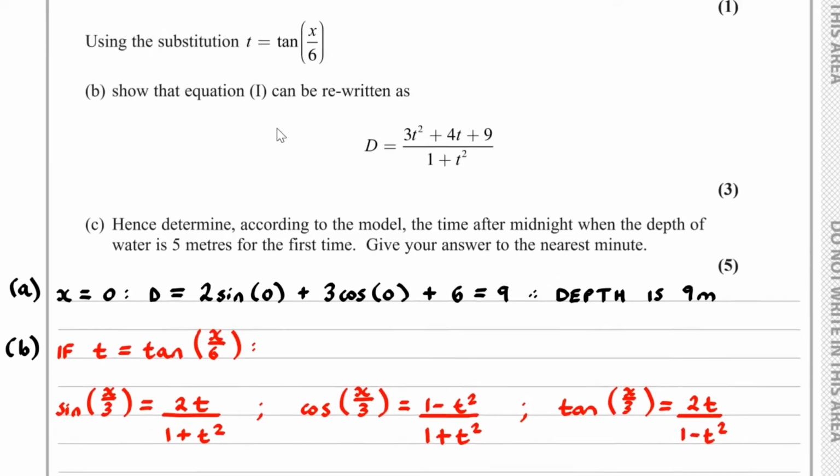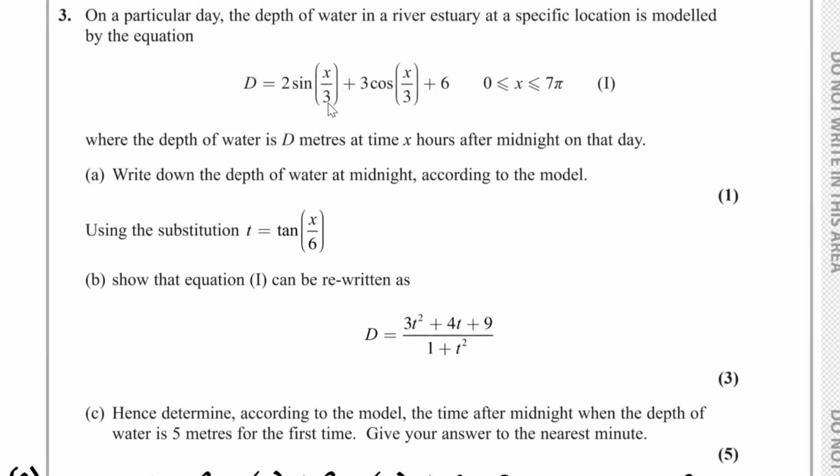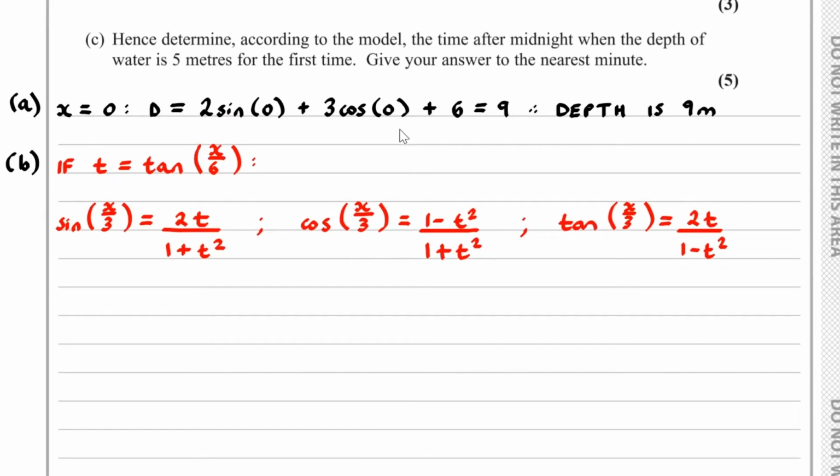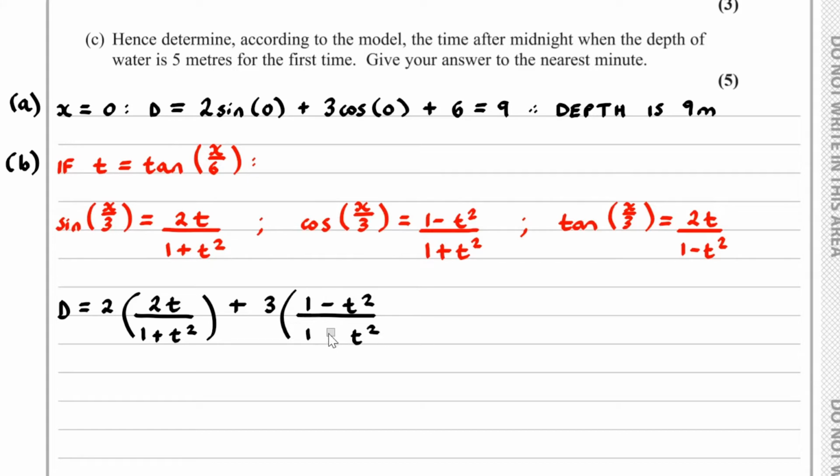And if we replace sine of x upon 3 and cos of x upon 3 with the results shown here and here respectively, then we can say that d is equal to 2 lots of 2t over 1 plus t squared plus 3 lots of 1 minus t squared over 1 plus t squared plus 6.